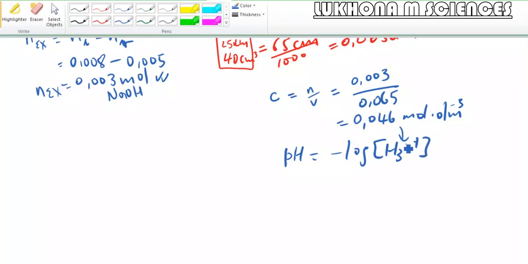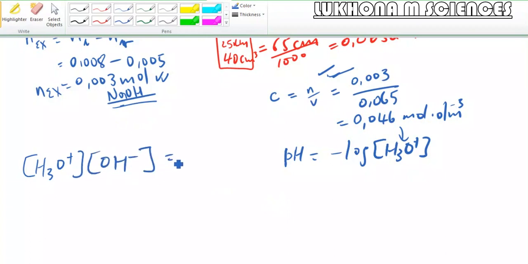We need the concentration of this one, but this is the concentration for sodium hydroxide. So we use Kw: concentration of H3O plus times concentration of OH minus is equal to 1 times 10 to the power negative 14. This is the formula from the formula sheet.